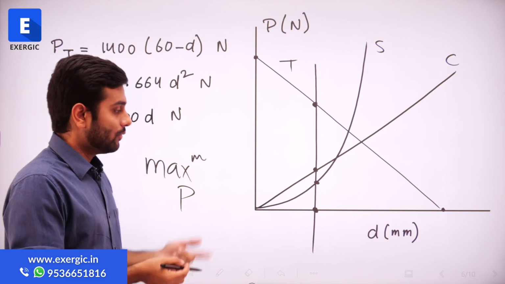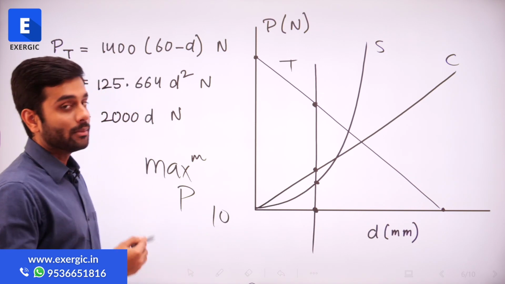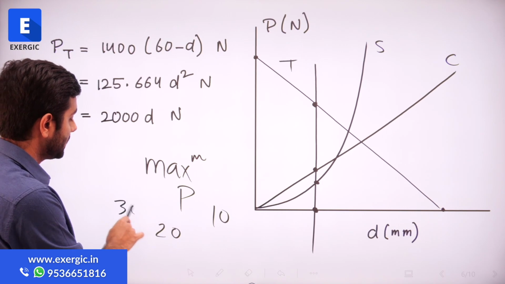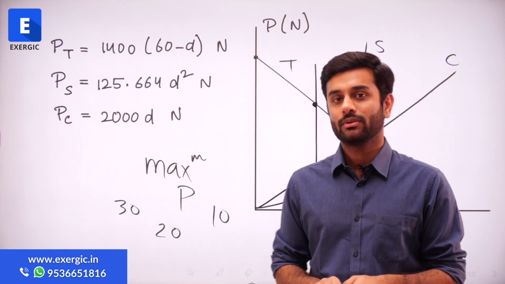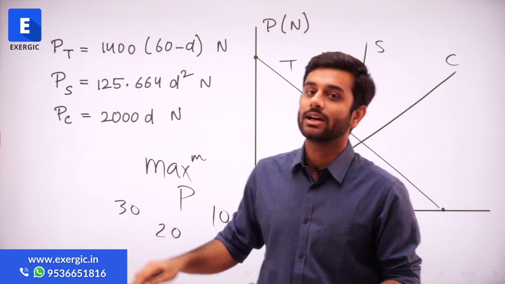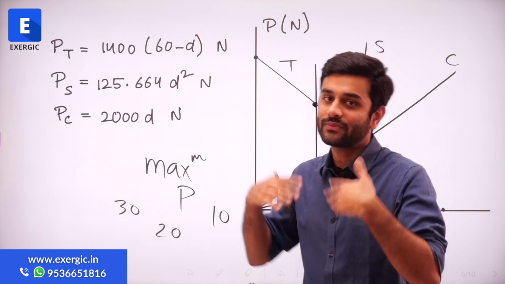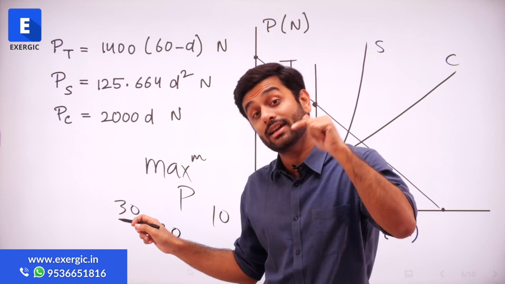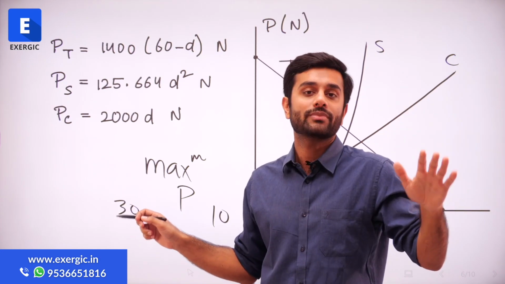So if the tension failure is going to occur at 10 Newton, compression failure at 20 and shear failure suppose at 30, and the question asks you what is the maximum allowable value of force, 30 is not going to be the answer, 10 is going to be the answer, right? Minimum value, because after 10, tensile failure will occur. So you can't say no, shear will stay at 30. Anything failed means it has failed now, right?